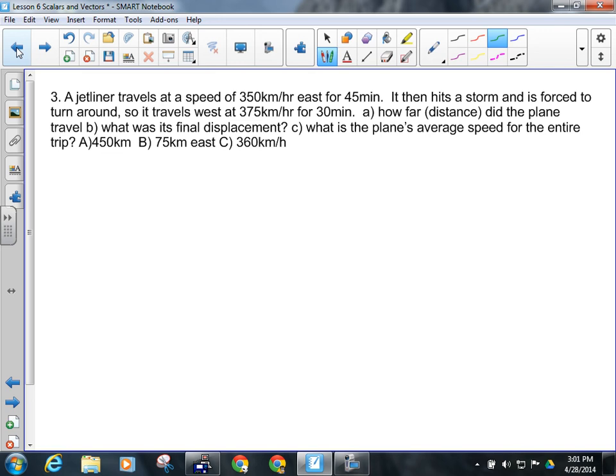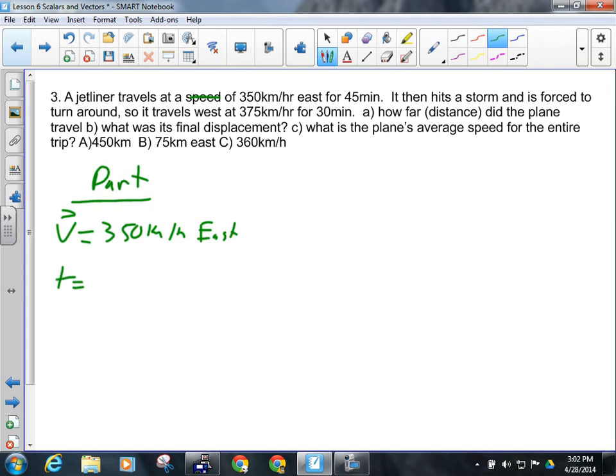All right, so we got this jetliner traveling at 350 kilometers per hour due east for 45 minutes. Guys, pay attention here. For part 1 of this, that shouldn't say speed, that should say velocity because they did give me a direction. 350 kilometers per hour, east. And the time there is 45 minutes, but this is in hours.